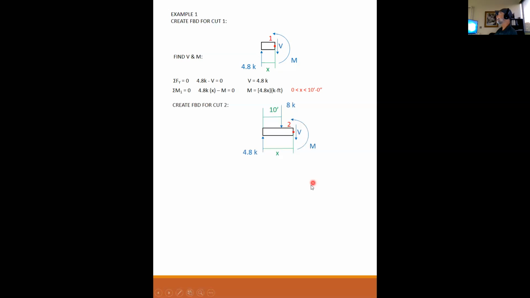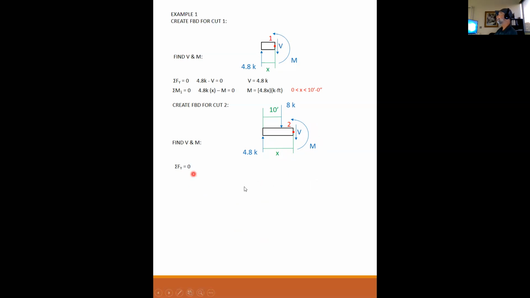I put everything on there that I know. I put on my reaction. I put on the applied load. I have my shear drawn in a positive sense, my moment drawn in the positive sense. This is my cut number 2 at the red dot. And the distance from the end to the cut is, again, unknown x. Find shear and moment.